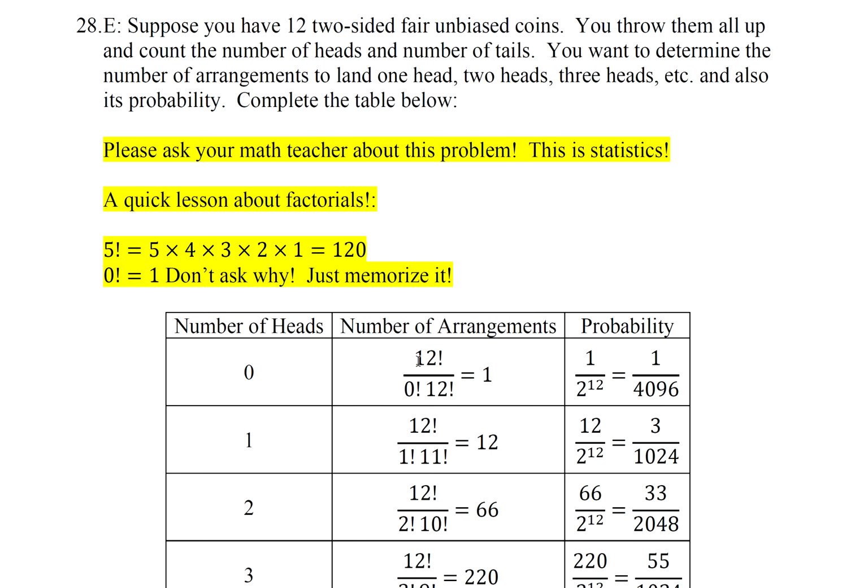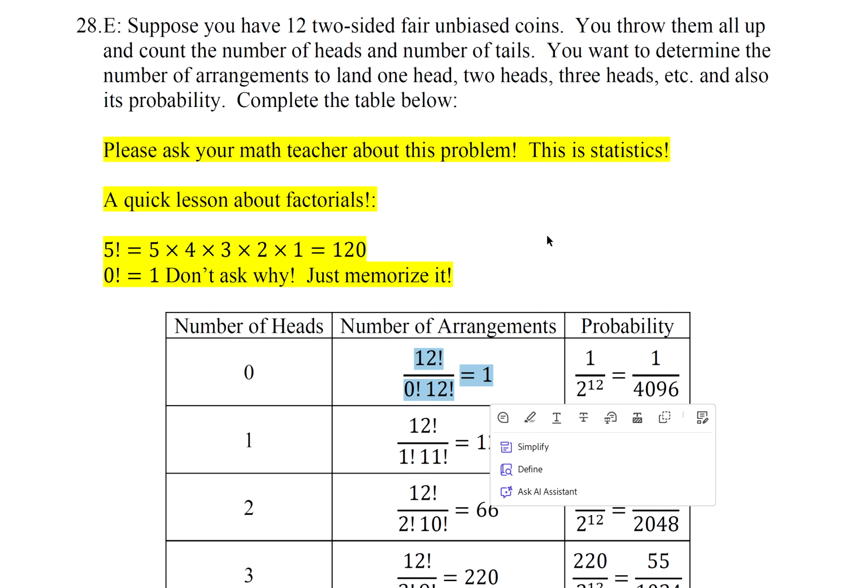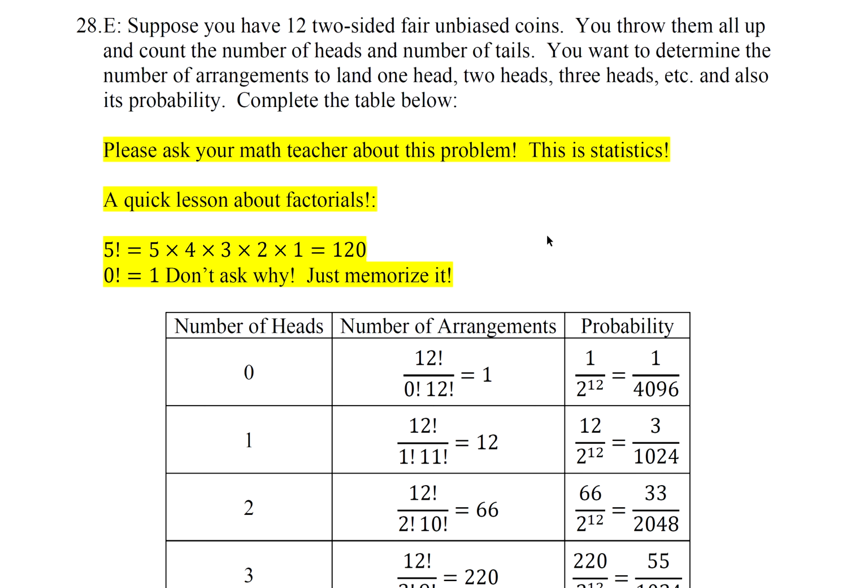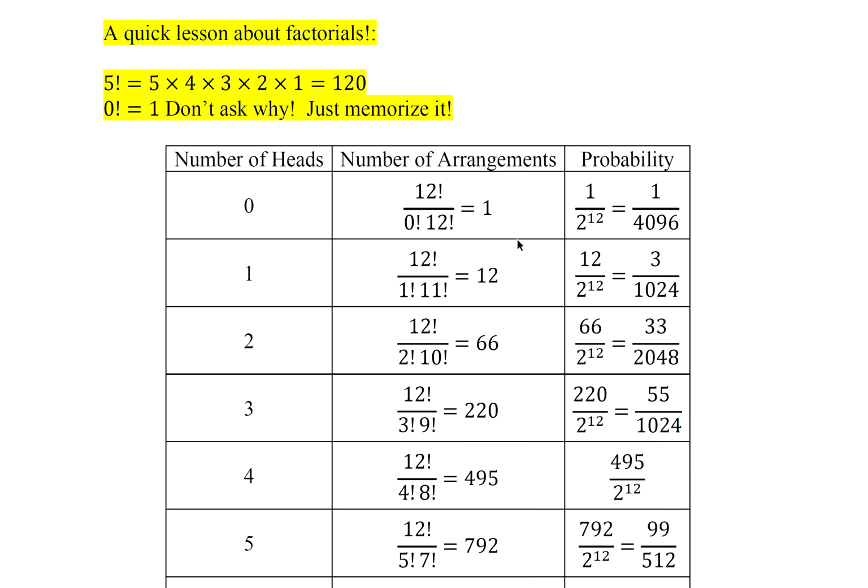This is the equation. So the probability is 1 over 4096. Number of heads, as you could see, the numerator is always 12 factorial.